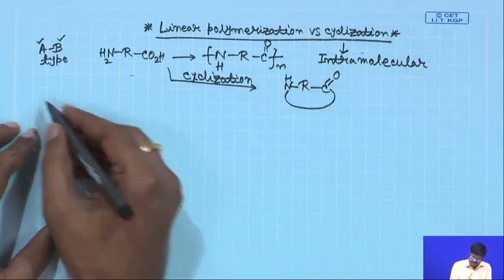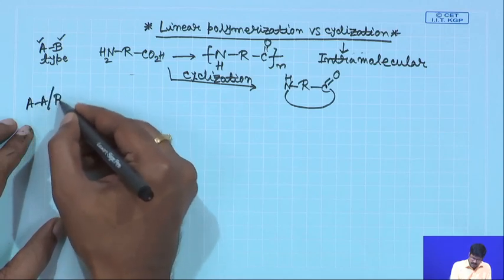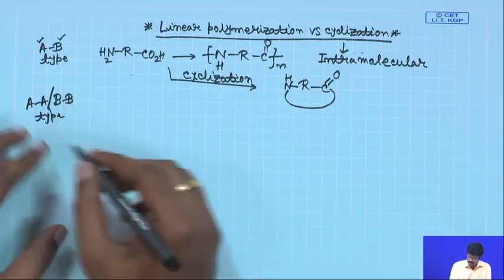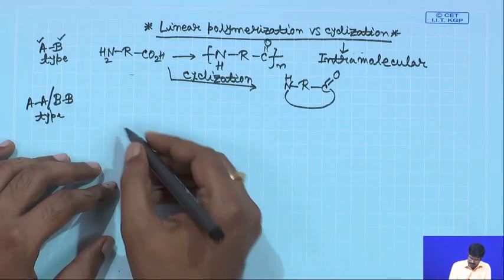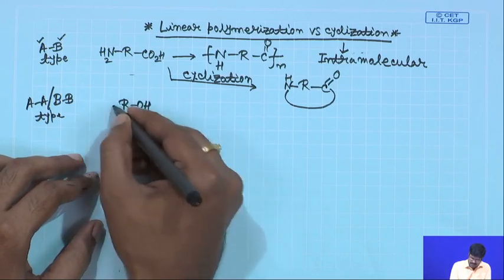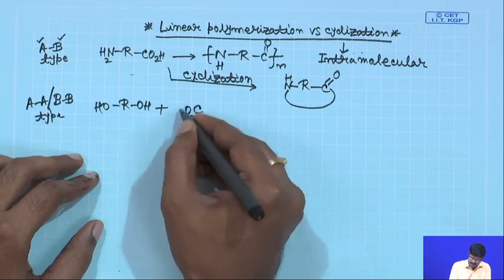Or what you could have is a system which is AA and BB type, the kind of systems that we have discussed a lot. So suppose you have a diol reacting with a diacid.